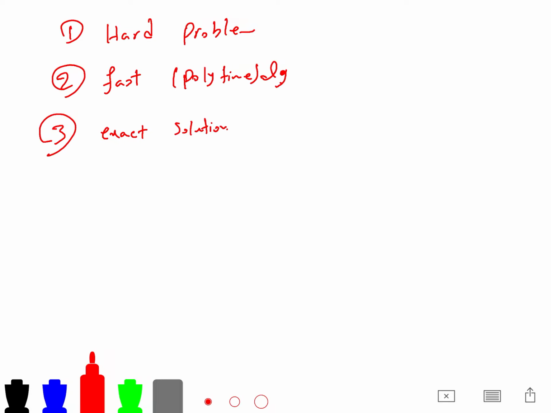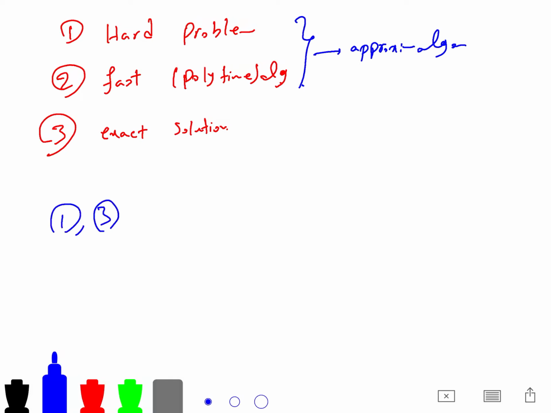You want to have an exact solution. So pick any two. For example, if I pick 1 and 2, it is called approximation algorithm, which is the subject of my lectures. And if you pick, for example, 1 and 3, it is called fixed parameter tractability, which is the topic of another playlist on my YouTube channel.